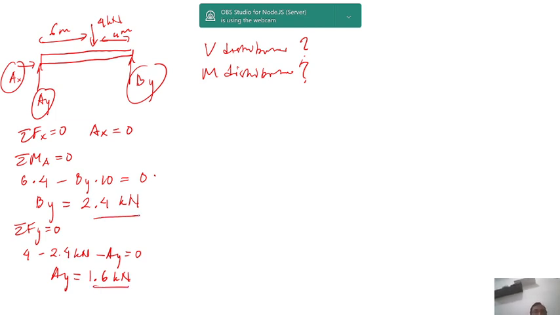Okay, all of this you have already learned before in order to find the external force. Now let's find the internal shear force distribution and internal moment distribution. How can we find that?